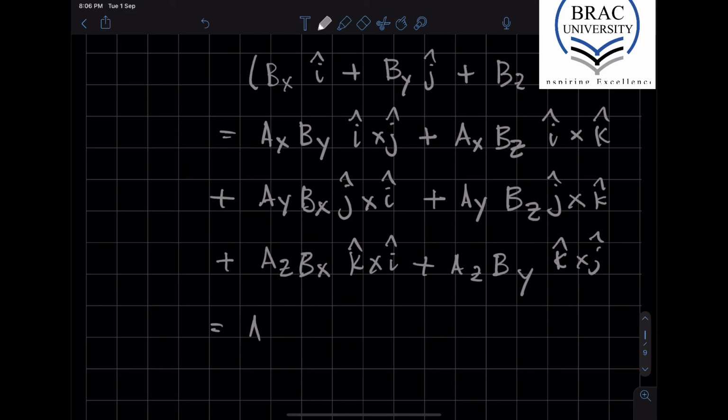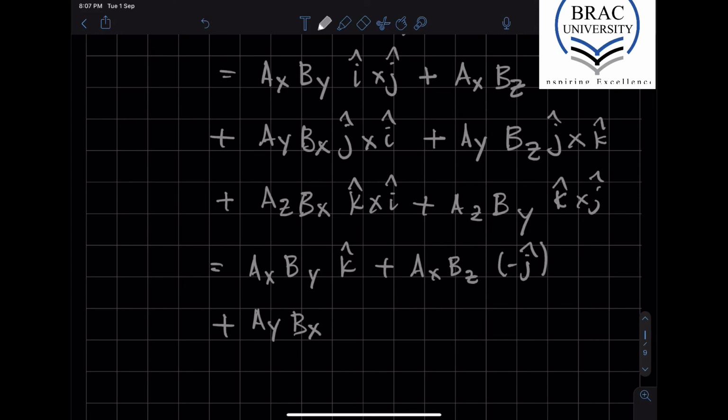What is the first term? This is going to be A_x B_y times k hat. The second term will be A_x B_z times minus j. The third term will be A_y B_x times minus k.